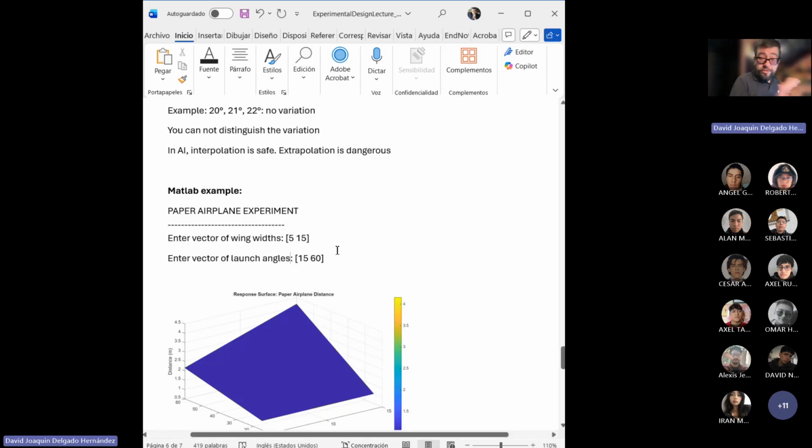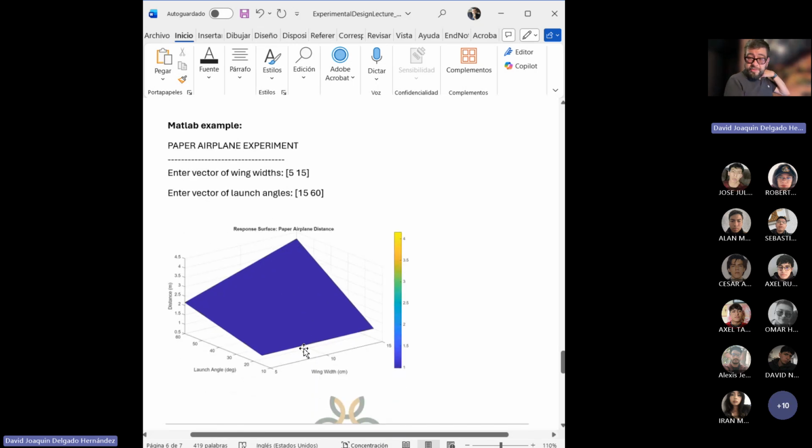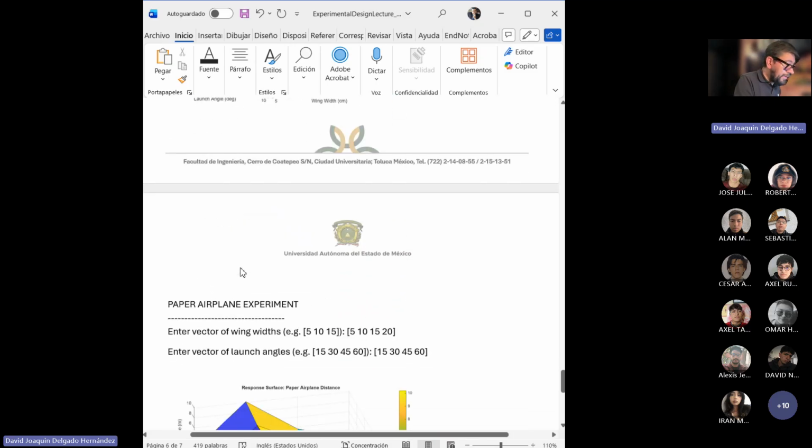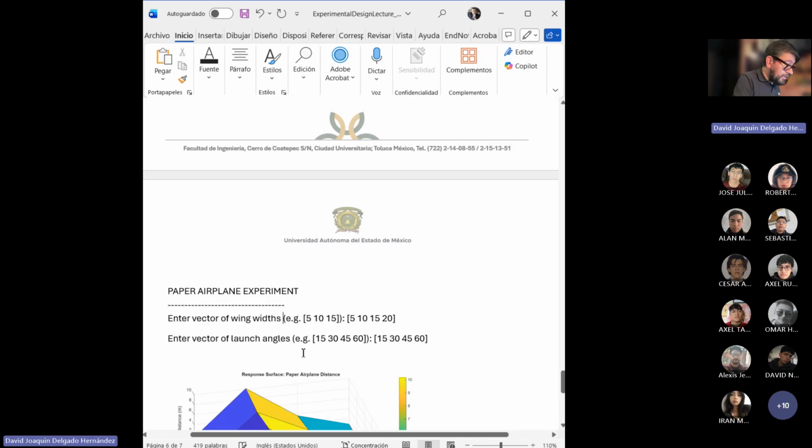Okay, I have just 4 different experiments and my surface is very simple. It is very easy. Just have 4 extremes, okay? Small low, small high, large low, and large high. So only 4 different combinations. But what happened when I increase the number of wing widths and I increase the number of launch angles?